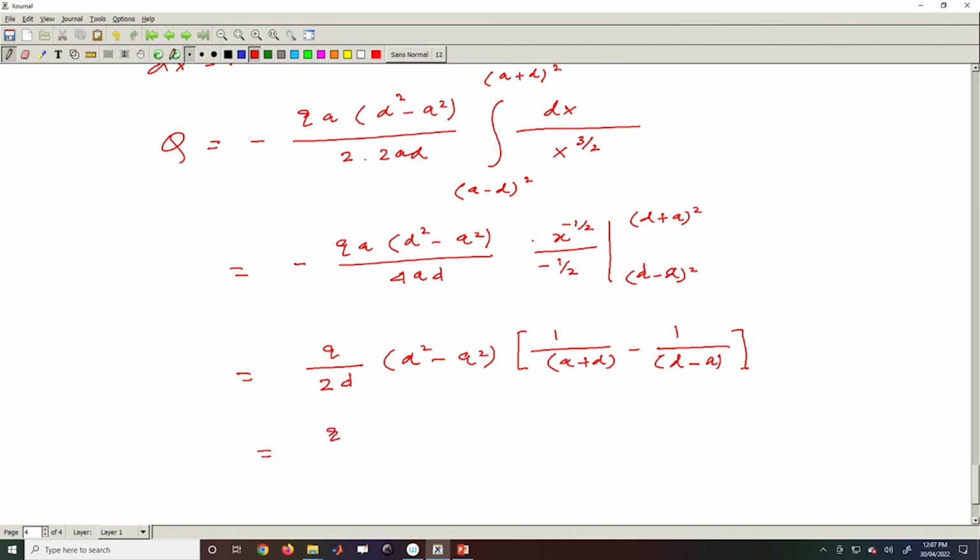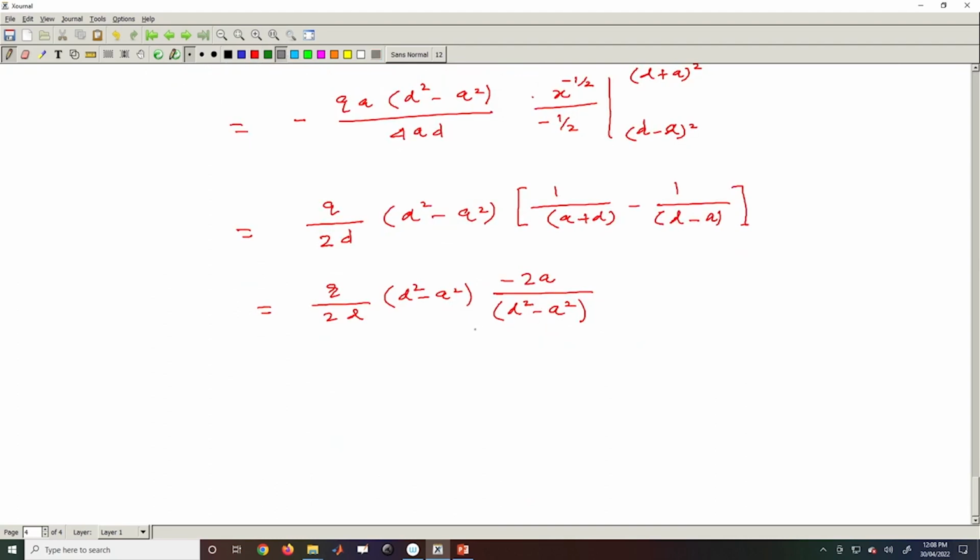So this quantity is q divided by 2d, d square minus a square, and this quantity is d minus a minus a plus d, so I should have in the denominator d square minus a square, and here we have 2a with a negative sign. The d is going to cancel out, that thing is cancelling out, and 1 2 will cancel out.